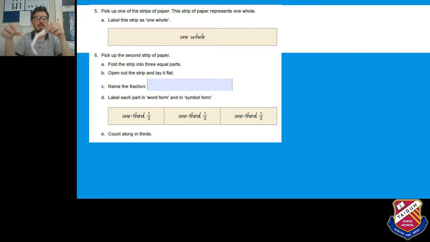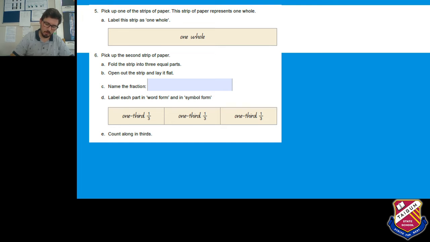So in that section there next to 6C, it says name the fraction. What is that fraction called? Good, it is called 1/3. Now label each part in word form and symbol form.